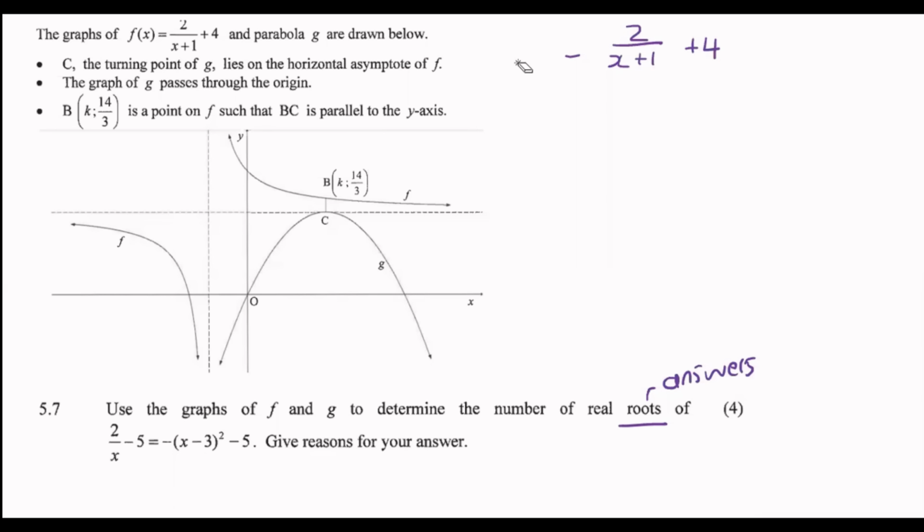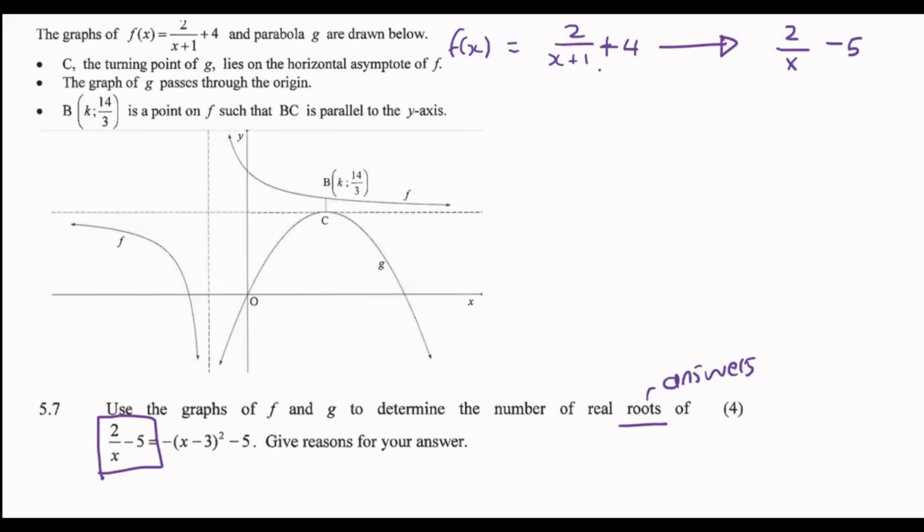Let me squeeze this in here. f of x equals 2 over x plus 1 plus 4. But now I want you to look at this one over here: 2 over x minus 5. And I want you to think to yourself, how do you go from f of x to that one?